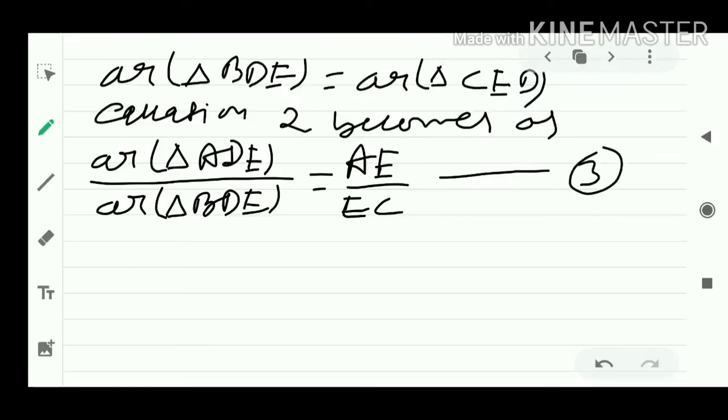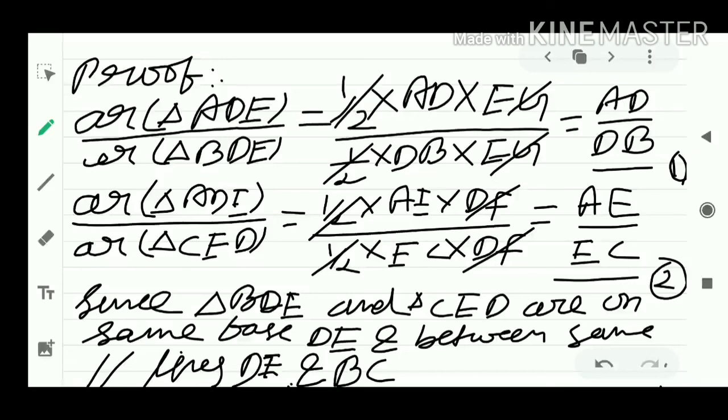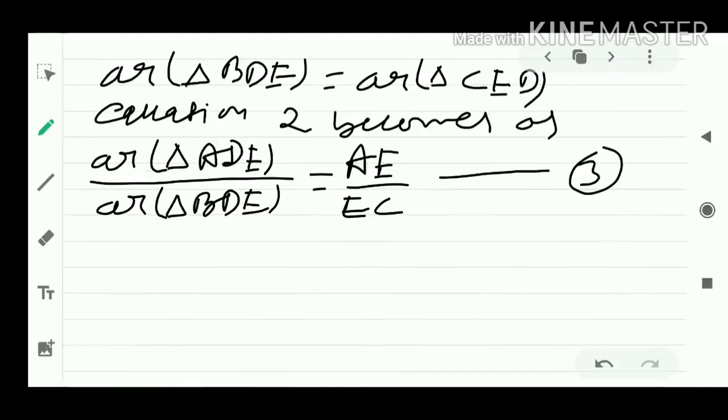Now from equation 1 we see that area of triangle ADE by area of triangle BDE equal to AD by DB, and in equation 3 it is also area of ADE by area of BDE equal to AE by EC. So LHS are equal, therefore RHS must be equal.